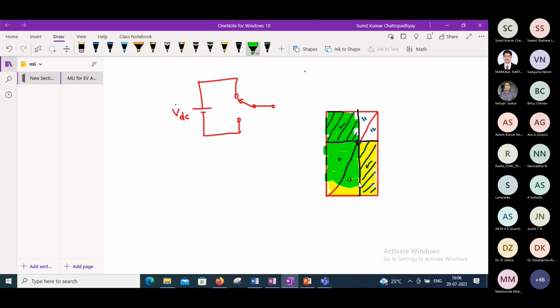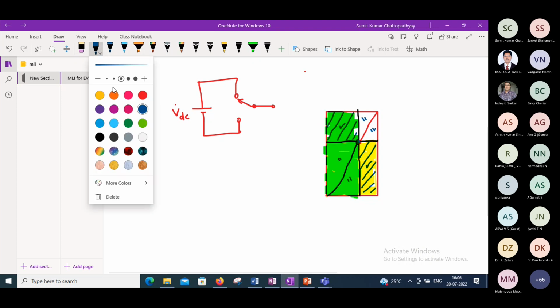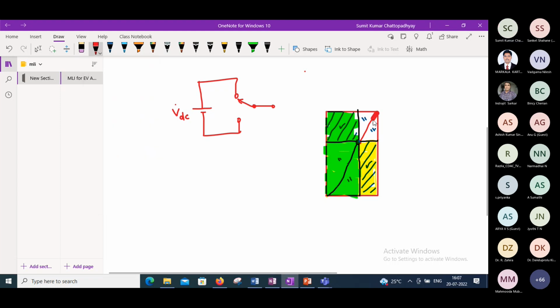And this is a very basic essence of this pulse width modulation. What we are doing here, this is the triangular carrier. Though here it is like a sawtooth wave.